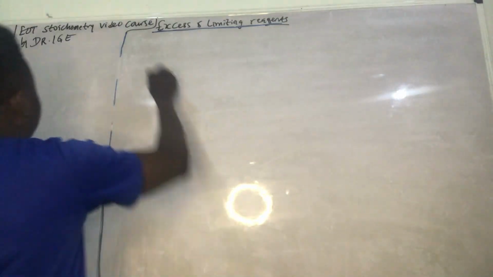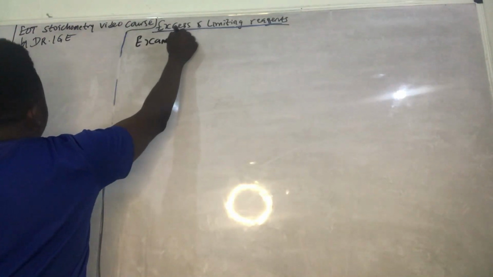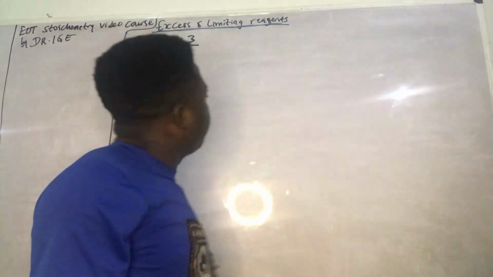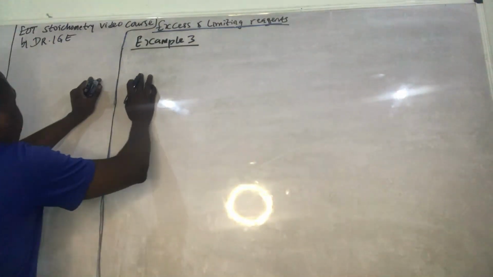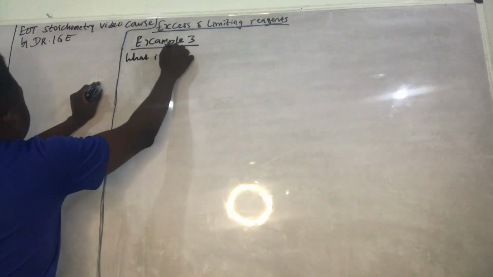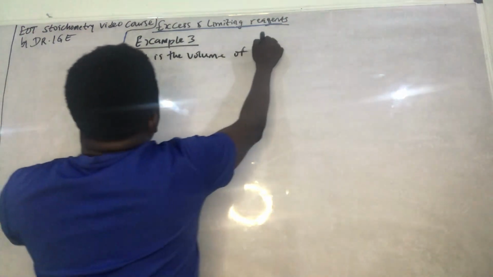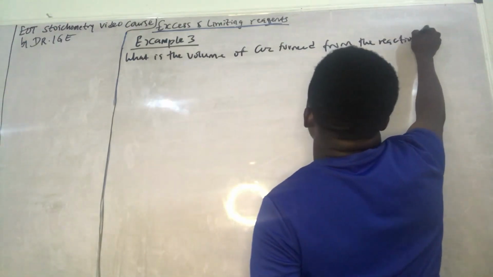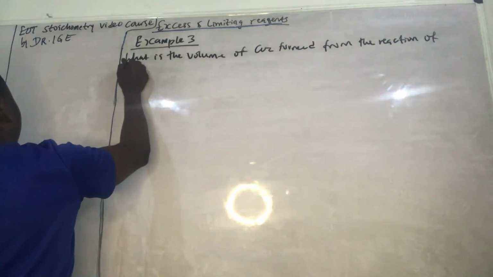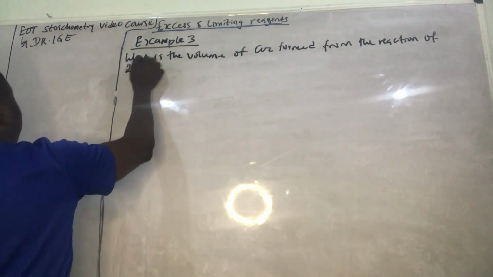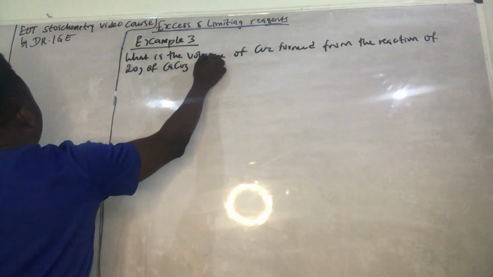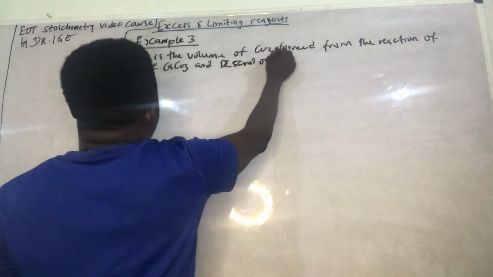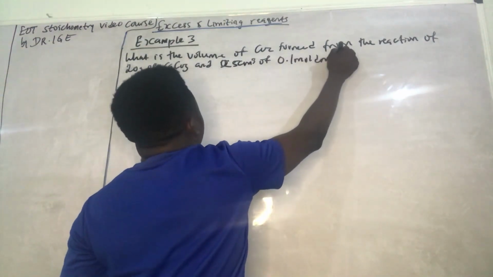Okay, so example 3. What is the volume of CO2 formed from the reaction of 20 grams of CaCO3 and 25 cm3 of 0.1 mole per dm3 HCl?